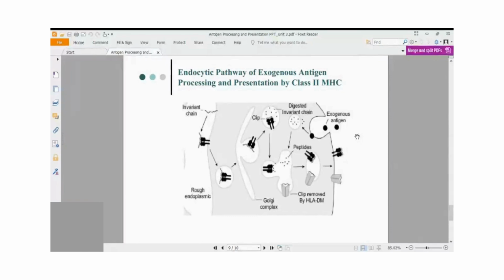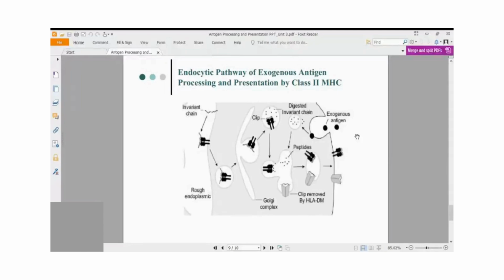Even CD8 T cells are dependent on TH cells. NK cells are dependent on TH cells. B lymphocytes are dependent on TH cells. So if TH cells are not there, if class 2 is not going to be expressed and non-self antigen is not going to be presented, there is no activation of TH cells. If there is no activation of TH cells, immune response fails.